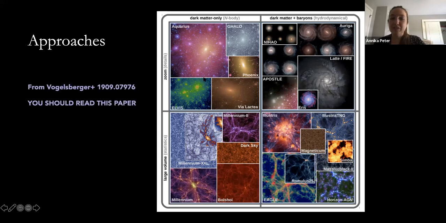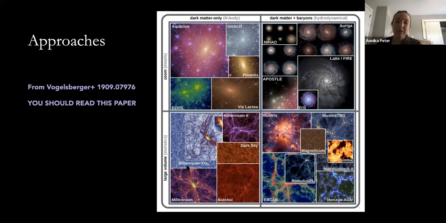This is the difference between understanding individual objects versus ensembles. And at the top, he separated things into dark matter only simulations versus dark matter and hydro simulations. As I'll talk about for the rest of this, there are different reasons to choose different approaches.